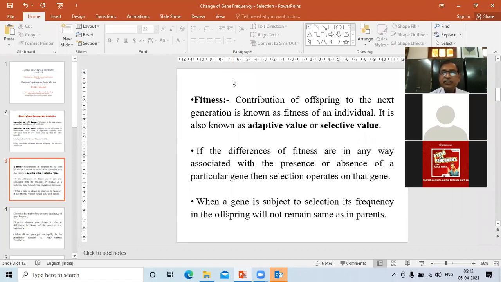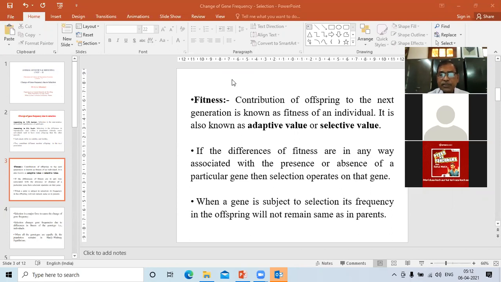Which is that factor? That factor means a certain gene is responsible for the fertility of each individual. If that particular gene is responsible for fertility, and selection operates against that gene, naturally the contribution of offspring by the individual also will vary.